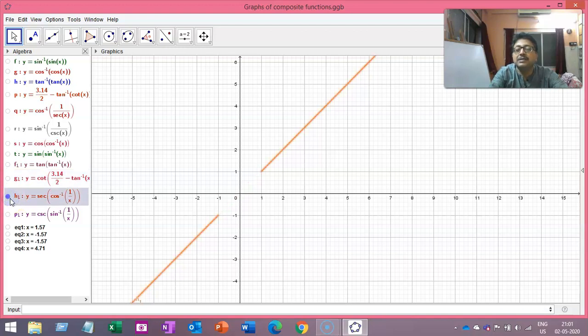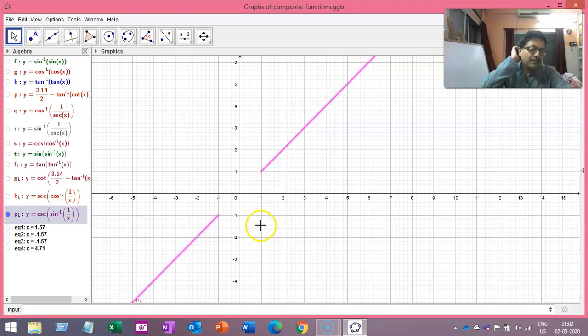Then see next one, sec of sec inverse x. Here there is nothing between -1 and 1. It cannot be there because between -1 and 1 it is not defined. It will be beyond that or equal to that. Beyond 1 or equal to 1. Beyond -1 or equal to -1. So this is also not going to be periodic. It never repeats its graph. So now let us see for cosec.